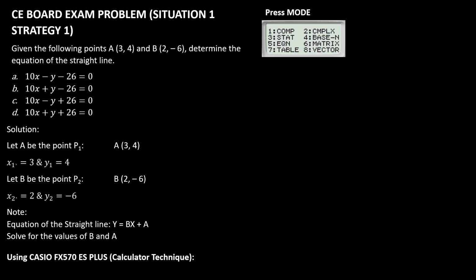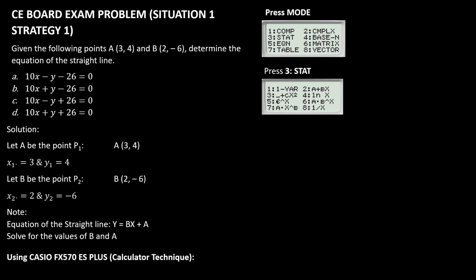After pressing the mode of our calculator, the monitor of the calculator will show this to us and will let us choose. Then we have to pick 3, stat. After pressing 3 stat, the calculator will let us choose again from this.